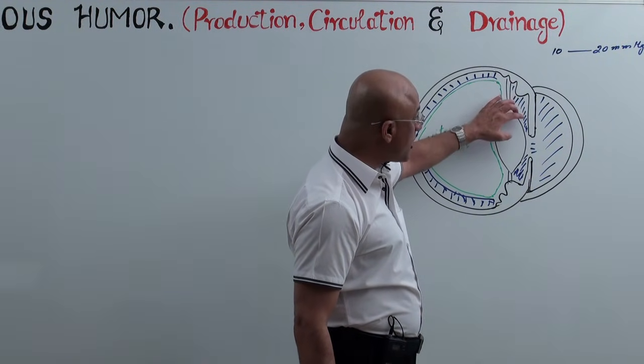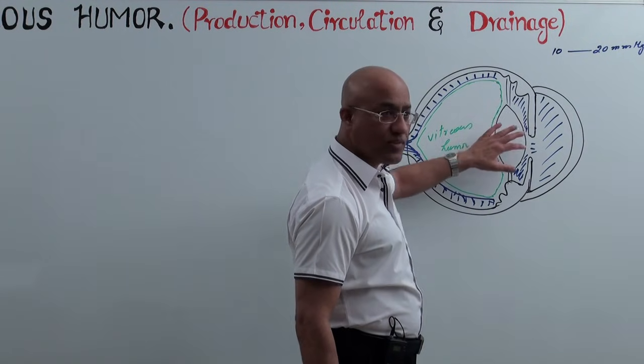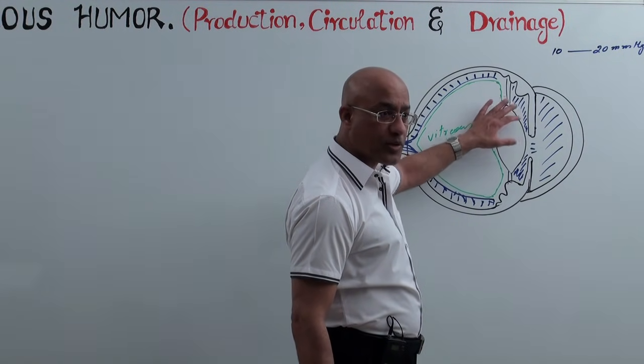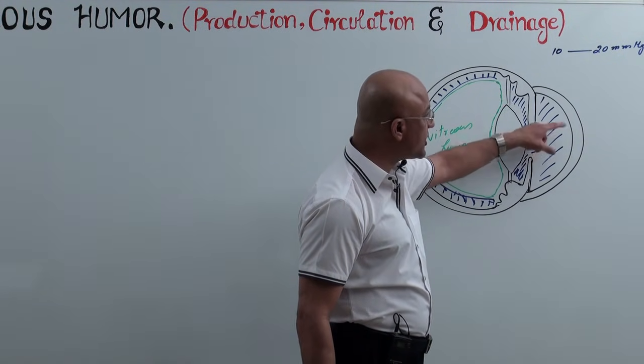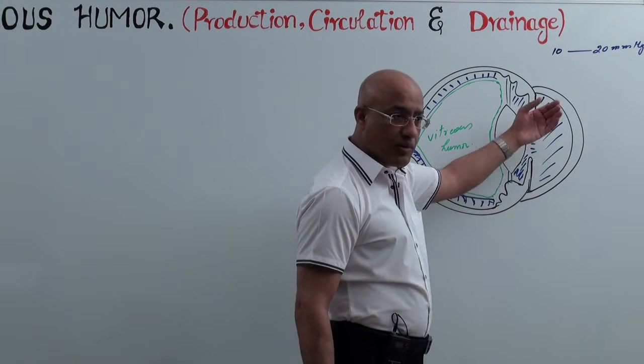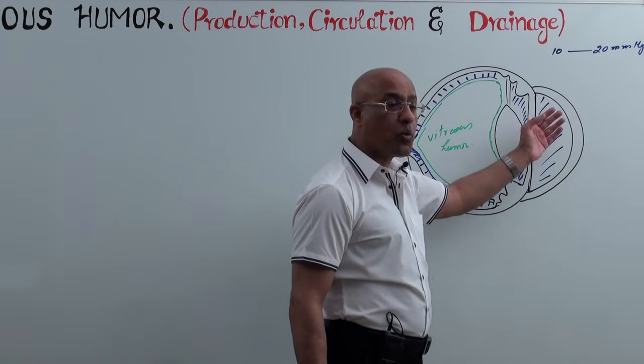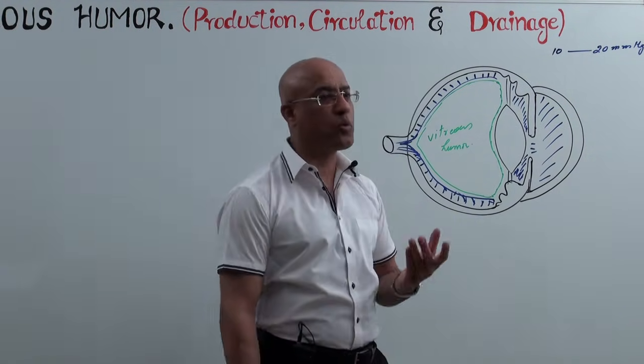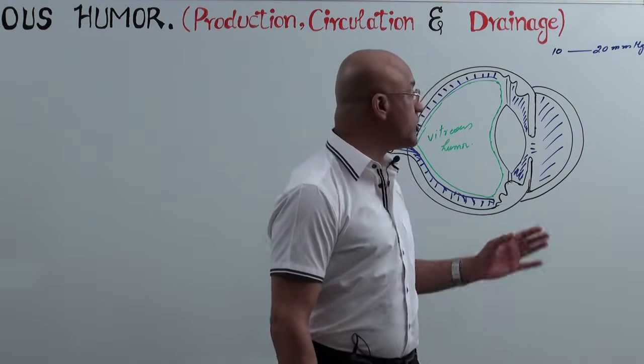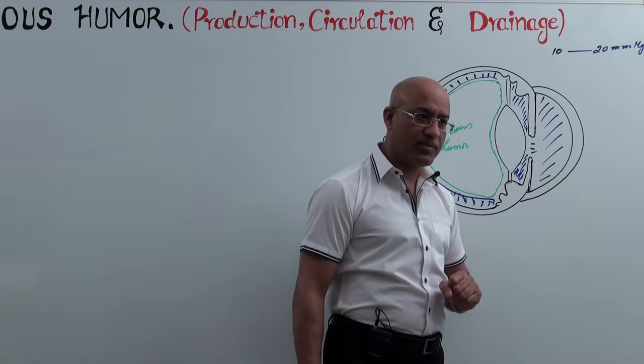And this aqueous humor washes the lens, provides the nutrition, and also washes the cornea from its internal side and provides nutrition, glucose and amino acids, and also removes the waste metabolites.